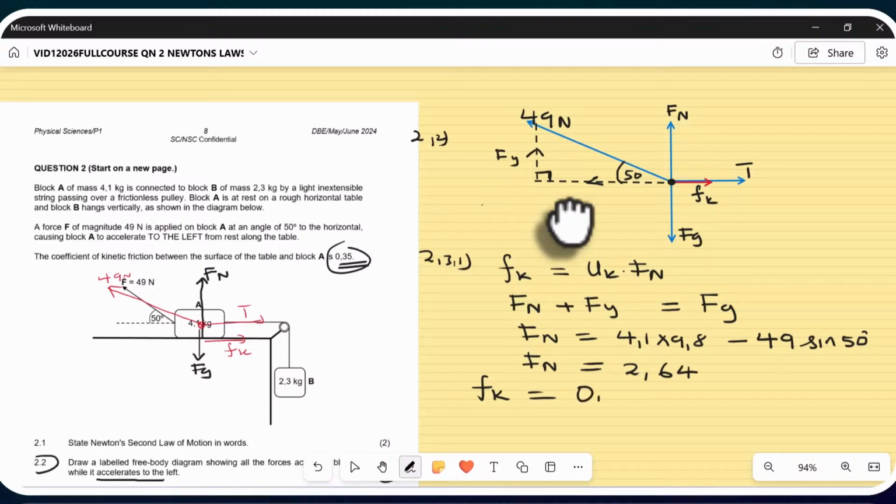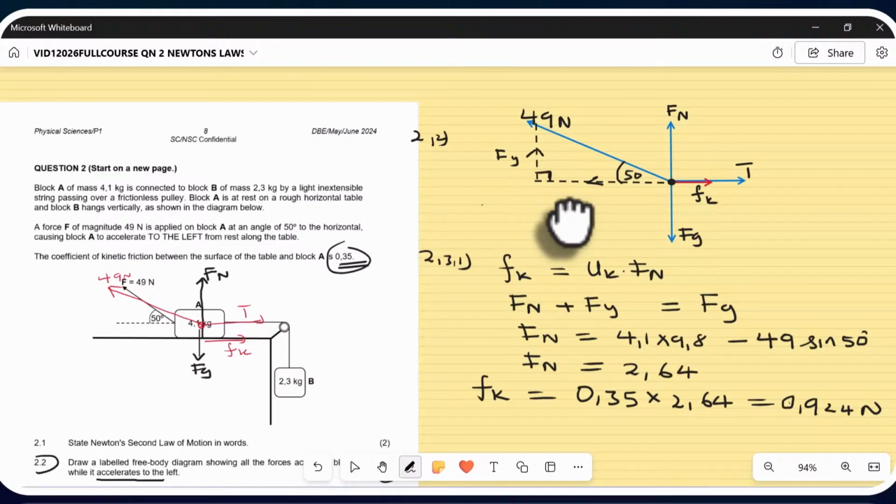Here, I'm getting 0,924 newtons. Because you give the answer to two decimal places, Fk equals 0,92 newtons. That was question 2.3.1.